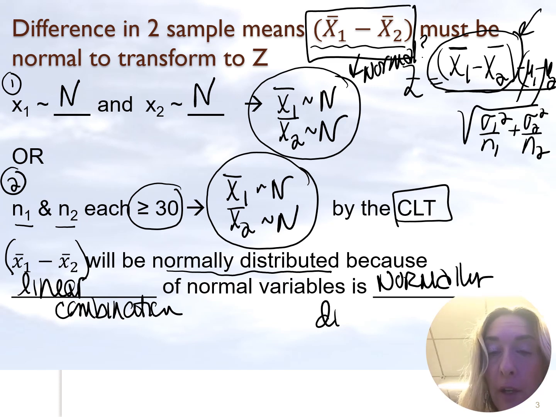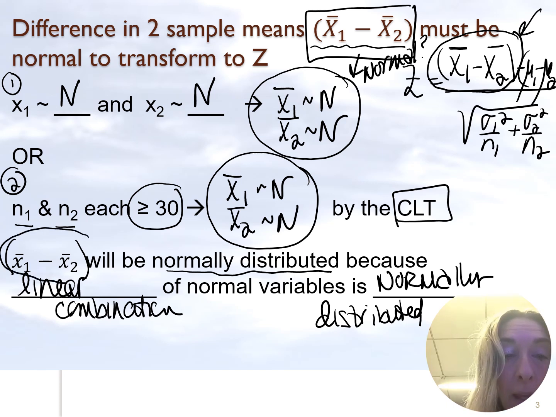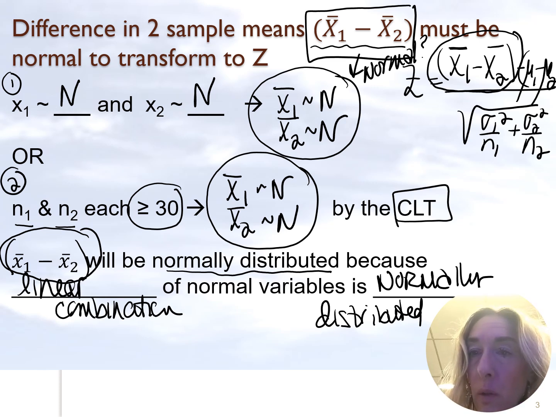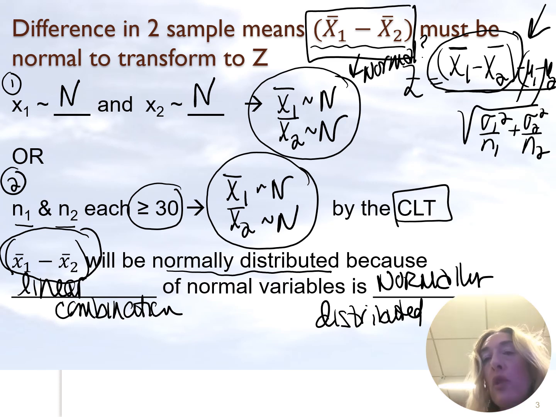We learned that earlier, so this is a review. And that's what we wanted to arrive at: that difference being normally distributed so that we can transform it. It needs to be normally distributed in order to transform to a z and use the z probability tables in the back of the book.